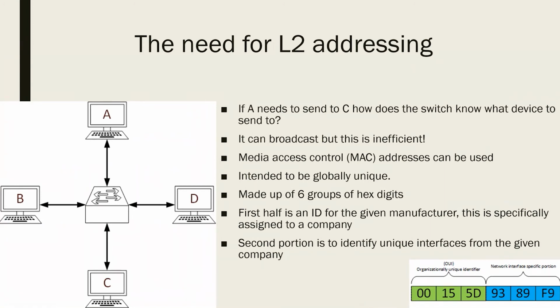And so why do we need it? Well, if you remember back at the OSI talk that I did previously, Layer 2 is looking at the local segment, so how you connect inside your local network.